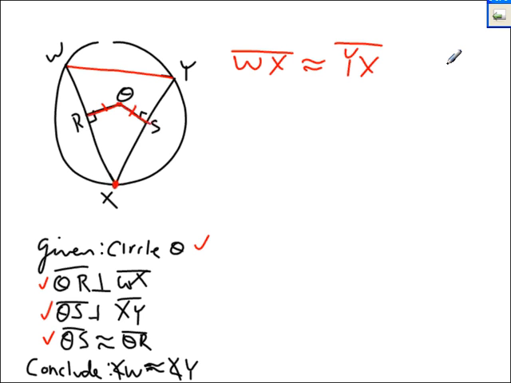So let's see what we can do here. I can draw that radius. I can draw that radius. And I can draw that radius. And basically, we have three triangles inside the big one. Here is the big one.